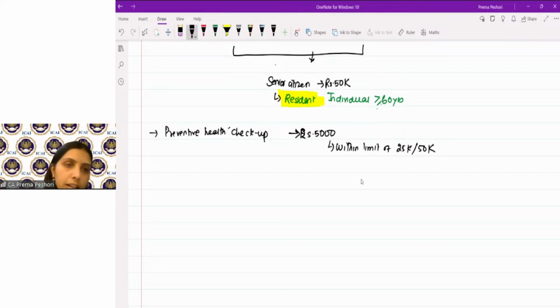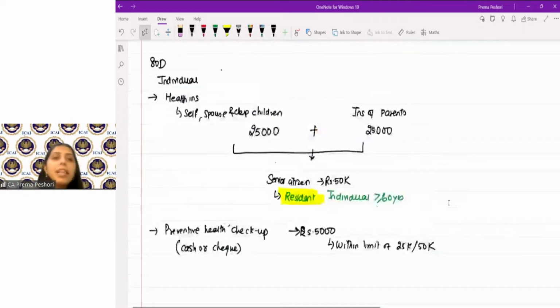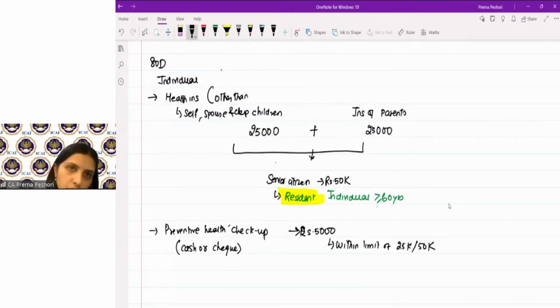So preventive health checkup can be in cash or cheque. But the health insurance has to be by other than cash. Are we clear?